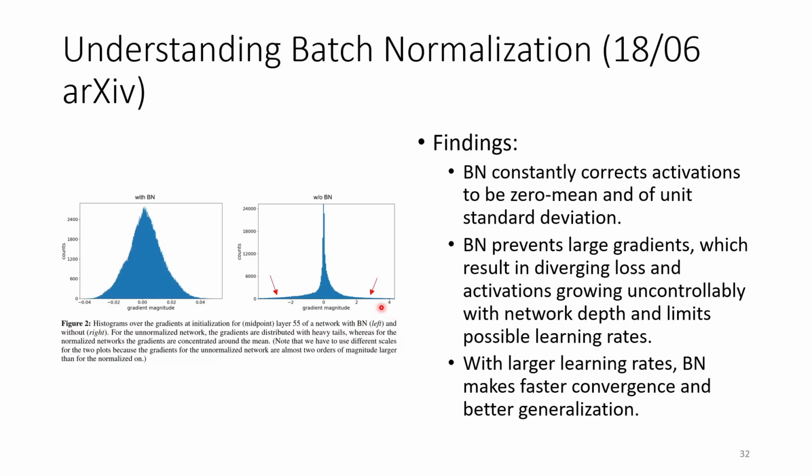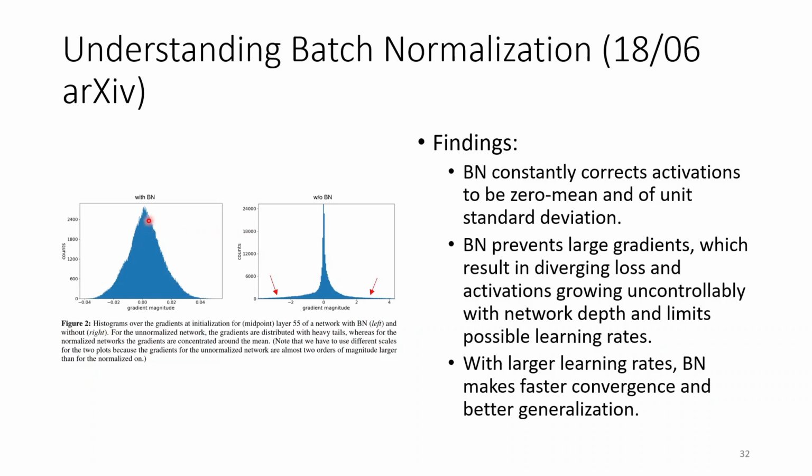Let's see the chart. See the y-axis. The number of gradients near 0 is around 24K without batch normalization.